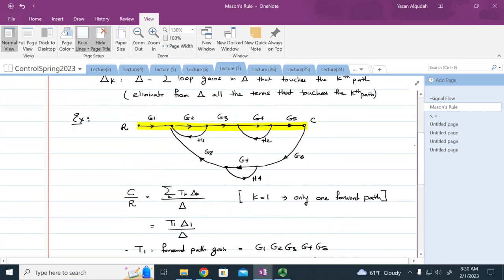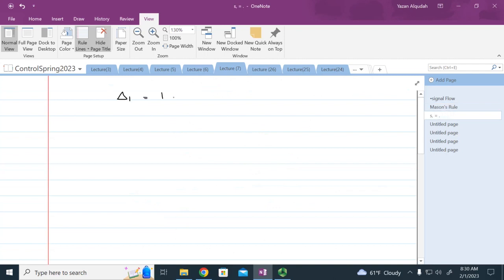This is my forward path. If I remove this forward path, what is left? Only one loop, which is here. So all the terms are going to drop, except this term is going to survive. Therefore, delta 1 is going to equal 1 minus G7 multiplied by H4. Again, to calculate the deltas, we remove the forward path and we just keep the terms that survive.